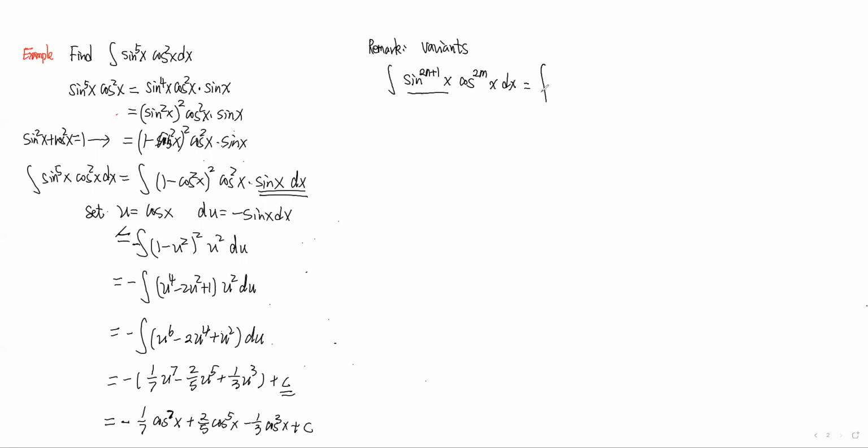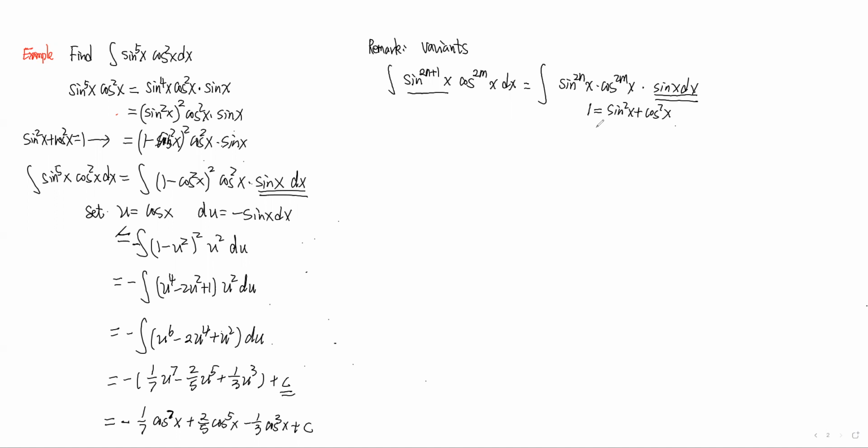How? We write this as sine 2n x cosine 2m x, and then we separate one sine x dx. And then we use 1 equals sine squared x plus cosine squared x.